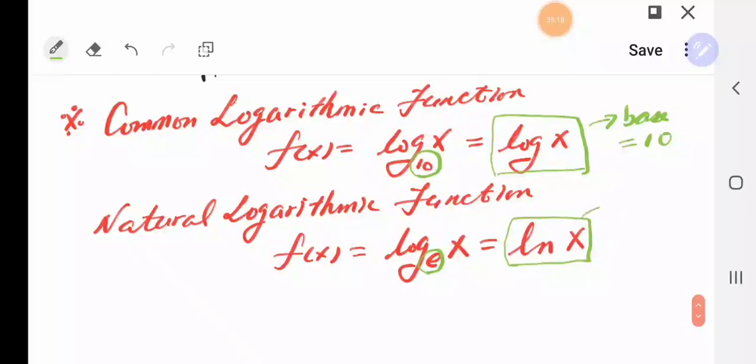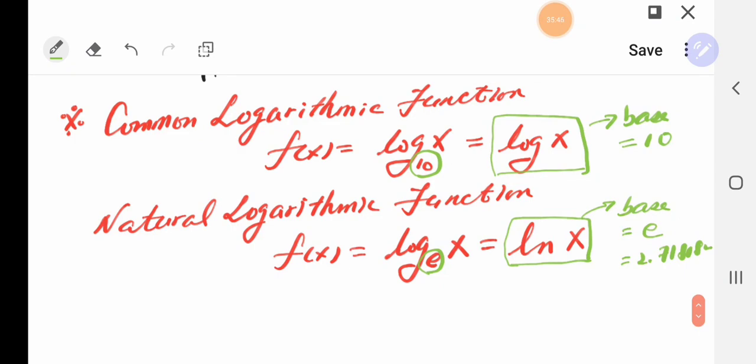So whenever you have ln x, then the base of the logarithm is always e. The value of e is 2.71. This is an irrational number. 2.71, something like this.